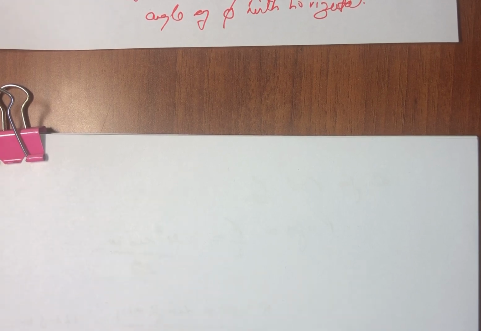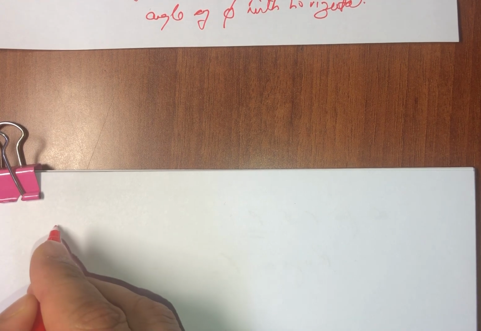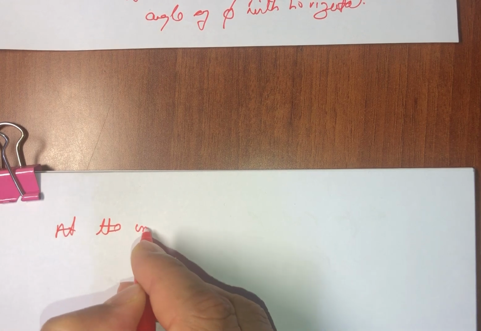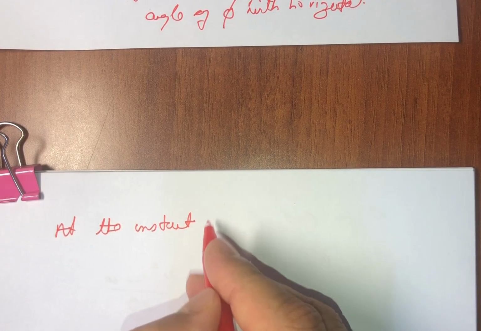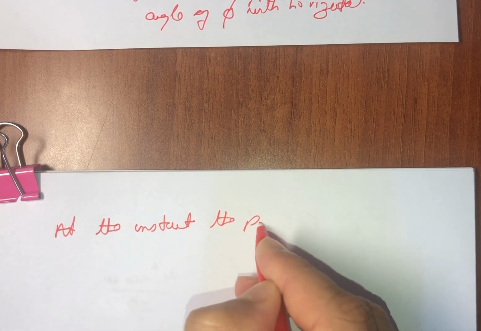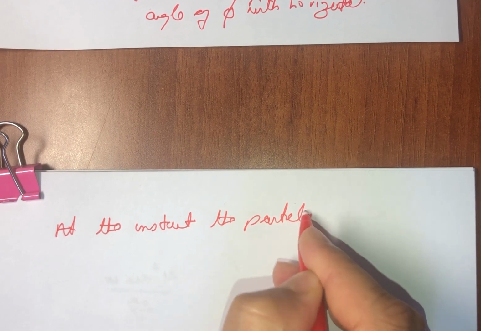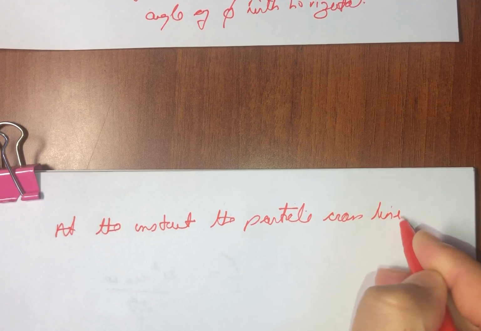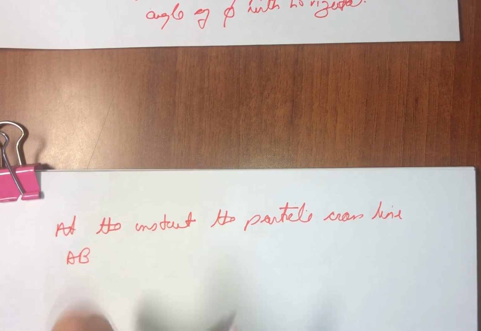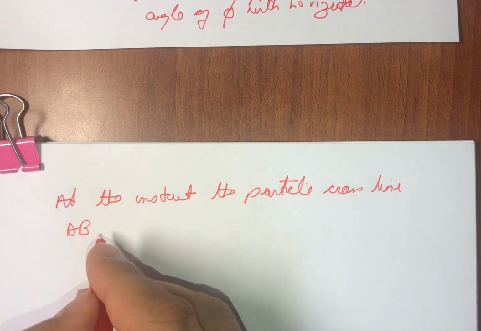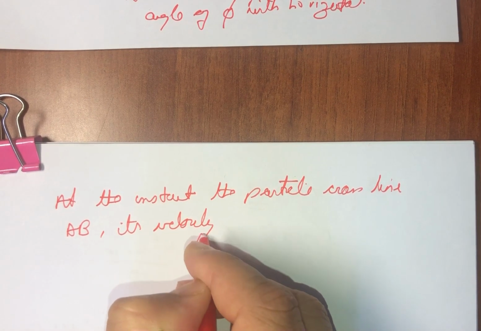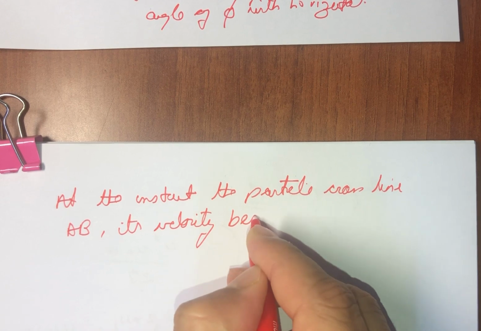Now it is also given that at the instant the particle crosses line AB, its velocity becomes horizontal.